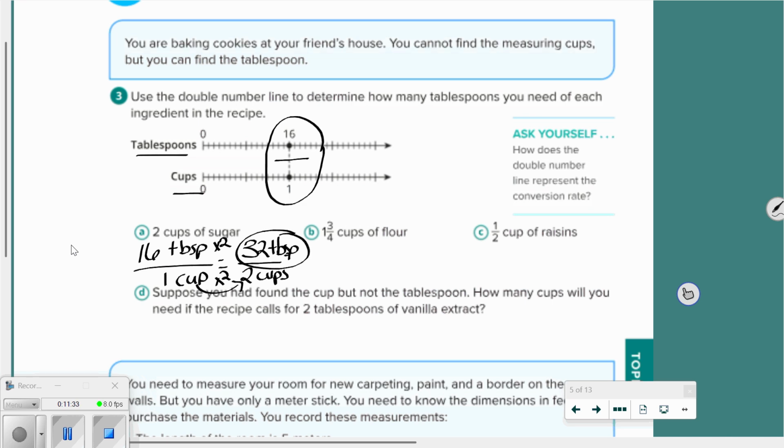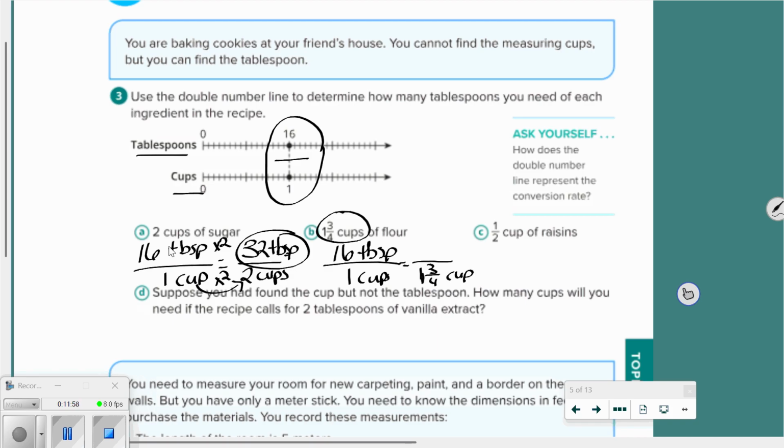I'm going to give you a minute and a half to finish the other 3. Did my conversion change for cups and tablespoons? No, it is 16 tablespoons for 1 cup. Yes? And in my problem, I know I am going to 1 3/4 cup.